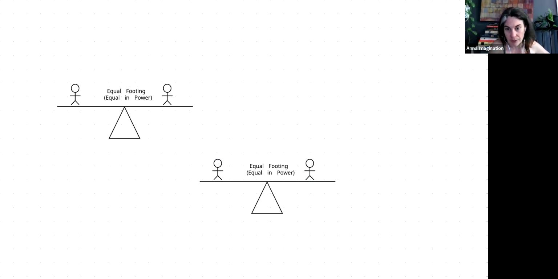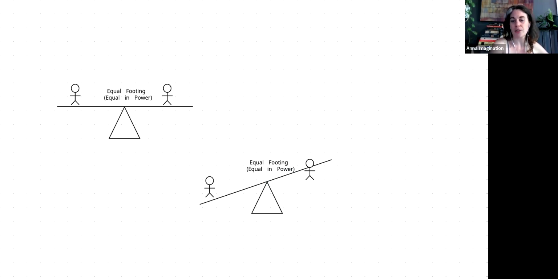Now, what I want to do is this. Just give me a minute. This is what happens. That is so not what I wanted to do, but we're going to work with it. This is what happens when you have an imbalance of power. Actually, I'm going to delete that completely because that's now inaccurate.